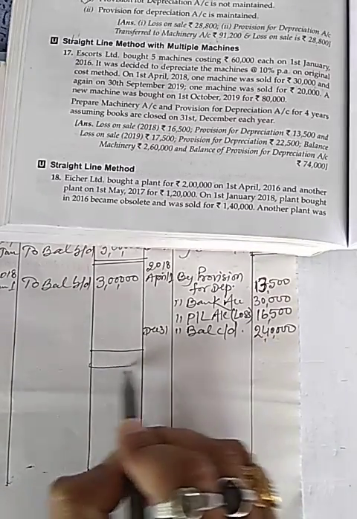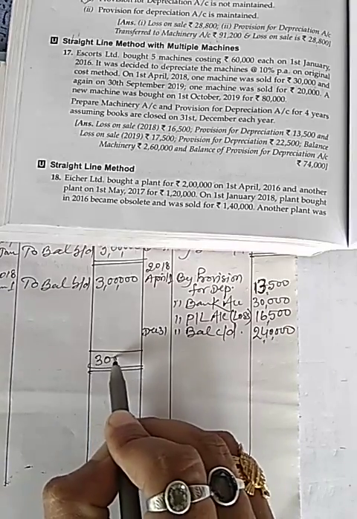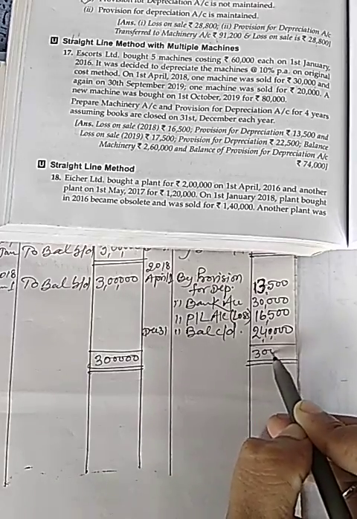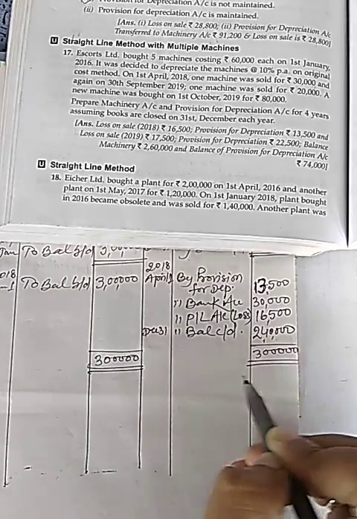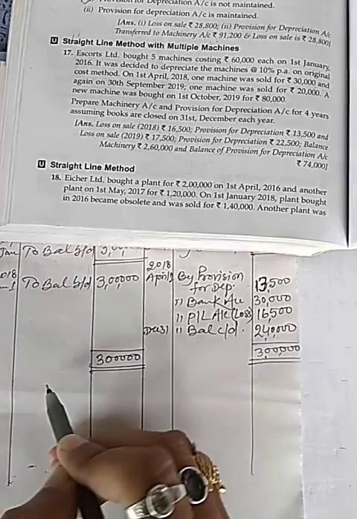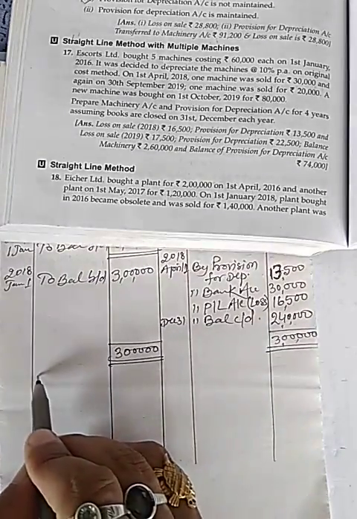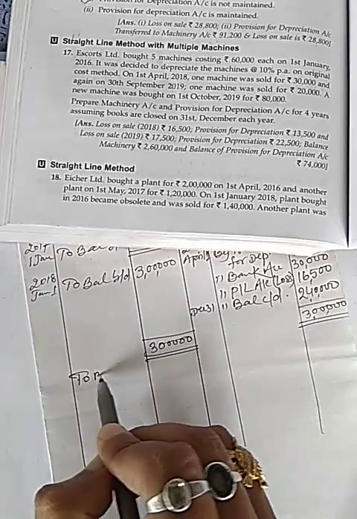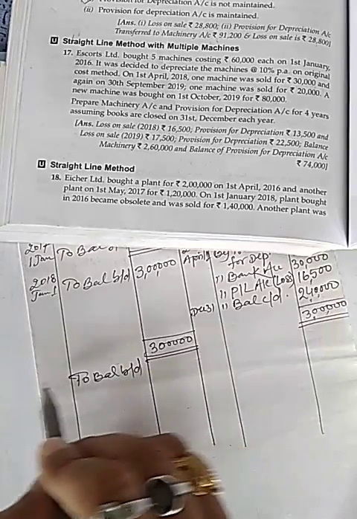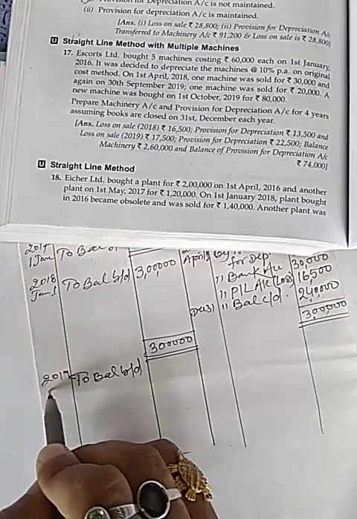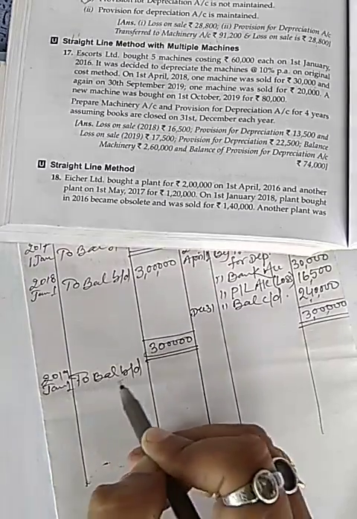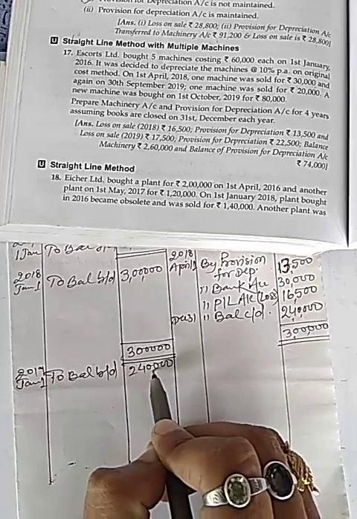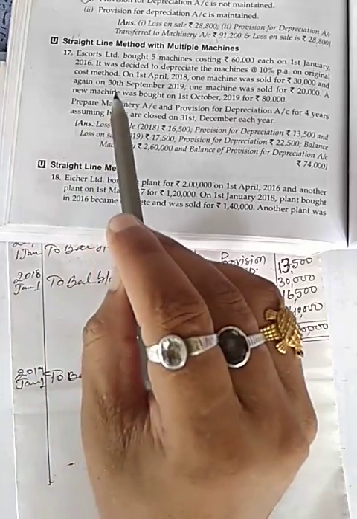So now I will write 3 lakh both sides. And when we transfer to balance B/D in next year on 2019 January 1st, it will be 2,40,000.